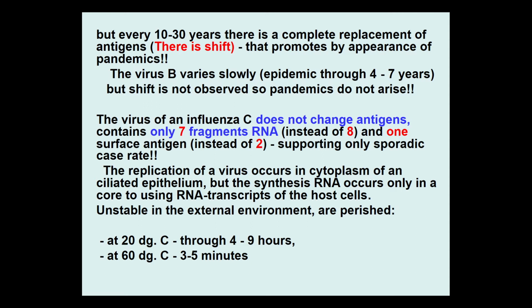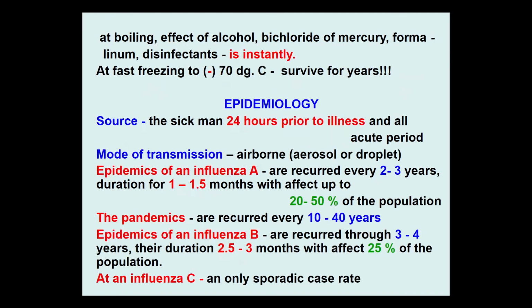Unstable in the external environment, it perishes at 20 degrees in 9 hours and at 60 degrees in 5 minutes. On boiling and under the action of alcohol, bichloride of mercury, formalin, and disinfectants, it dies instantly. At fast freezing, like minus 70 degrees, it can survive for years.